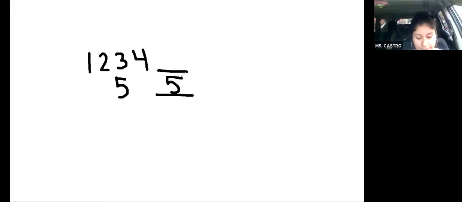Okay, so that's for the cats. Now the owls. 1, 2, 3, 4. I counted and labeled 4 owls. So on the line, I'm going to write the number 4.